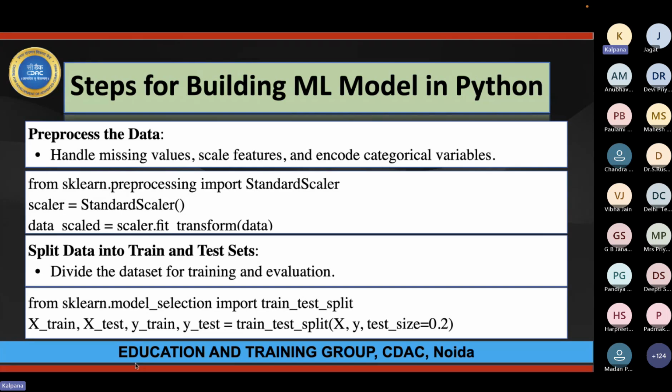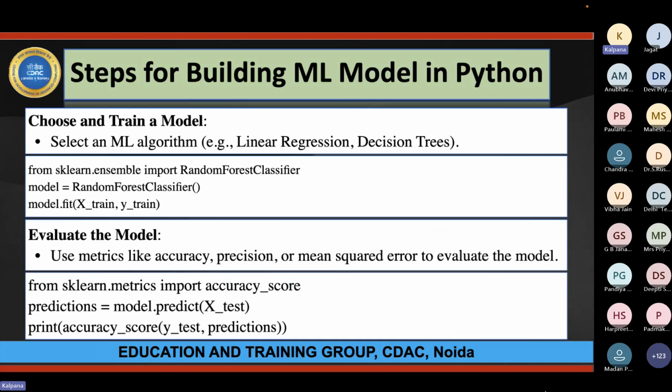Once the data is ready, you have pre-processed it, there are no missing values, you have to split the data into train and test. sklearn is again useful for it. Now over here test size is 0.2, so you have 80% data as train data, and 20% data as test data. Once your data is split, you pick up a model.